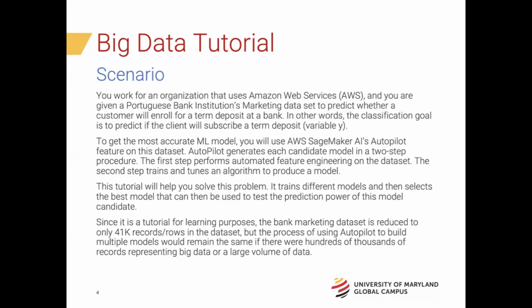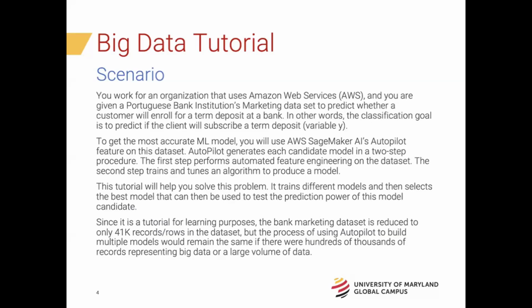Now, since it's a tutorial for learning purposes, the bank marketing dataset is reduced to only 41,000 records or rows. But the process of using Autopilot to build multiple models would remain the same if there were hundreds or thousands of records representing big data or a large volume of data.